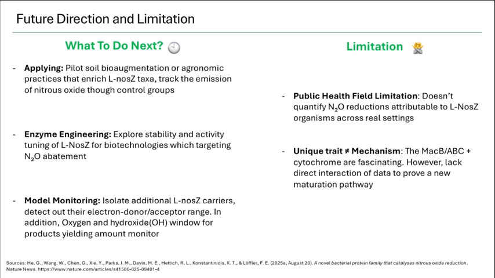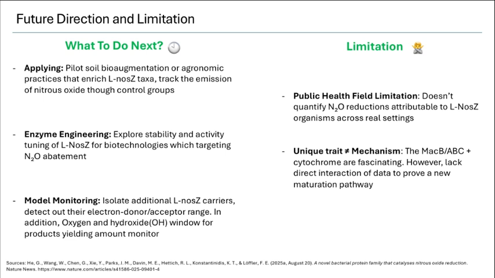Second one is enzyme engineering. Make L0Z stable and efficient for use in bioreactors or, let's say, biofilters at the wastewater plants and agricultural sources. So in this case, we can see its real efficiency and the real function.